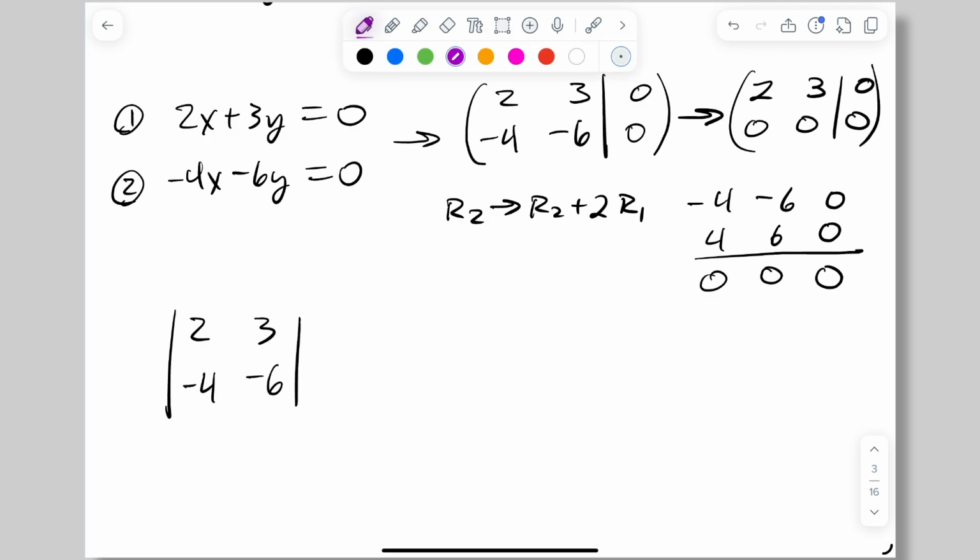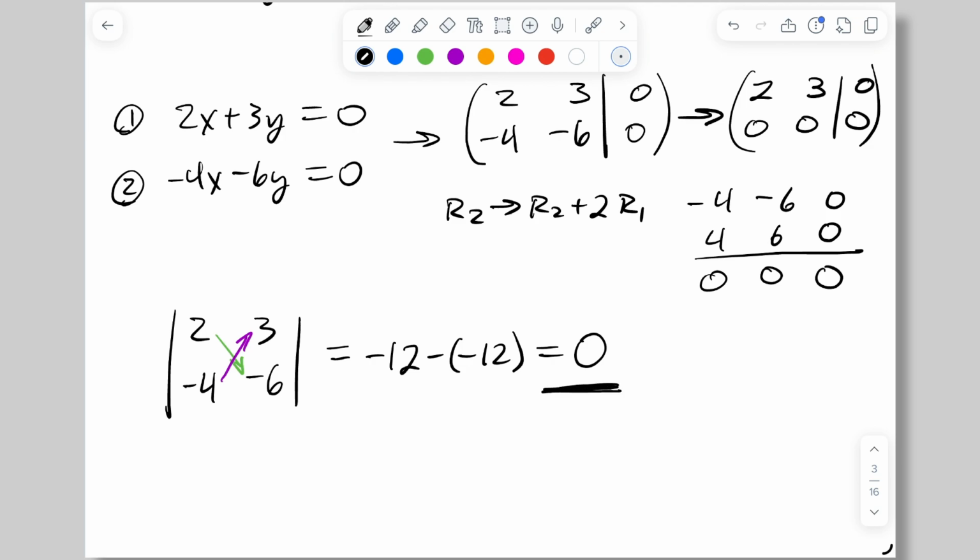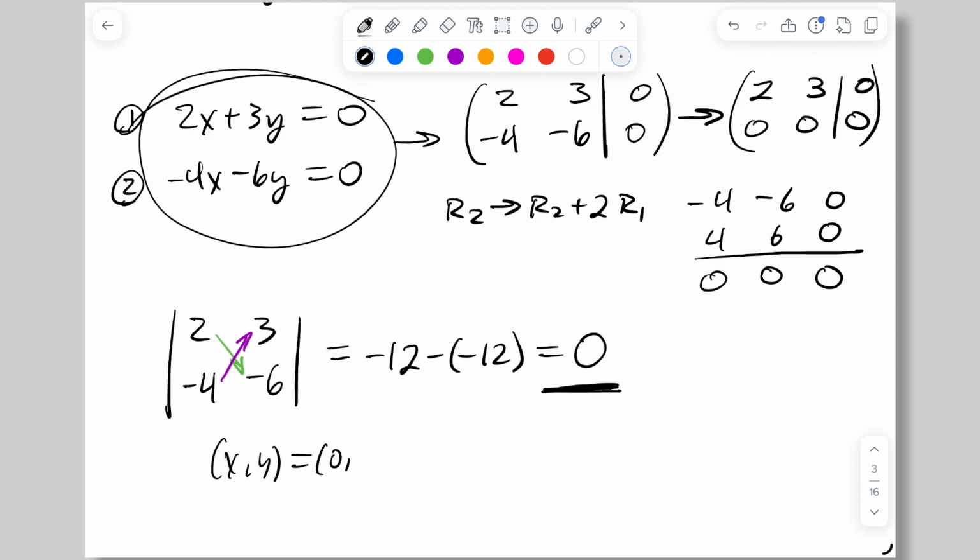Remember that to compute a determinant, we multiply the upper left by the lower right, and then subtract the product of the lower left times the upper right. In this case, that's going to be negative 12 minus a negative 12, and that gives us 0, aligning with what we said before. And when a determinant is equal to 0, an associated system has a solution other than the 0 vector, or in this case, other than x, y equal to 0, 0.